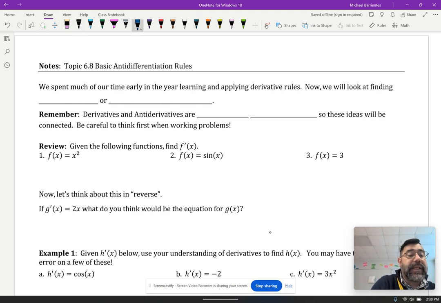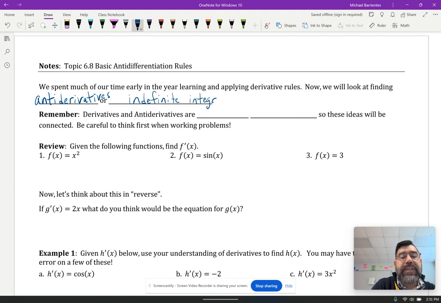So I'm going to say antiderivatives, or some people call them indefinite integrals. And you're going to see in a little bit why we call them indefinite integrals. But antiderivatives and indefinite integrals are the same thing.